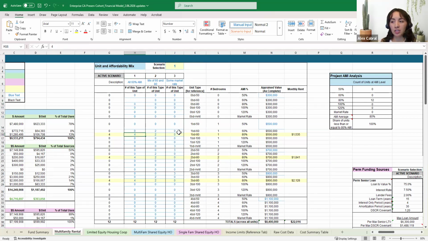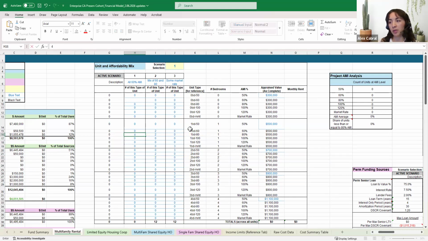And I'll zero these out so you all can see how this works. Okay, so say I want to build a 12 unit multifamily rental building, acquire rehab. And I am going to make all of the units 80% AMI.